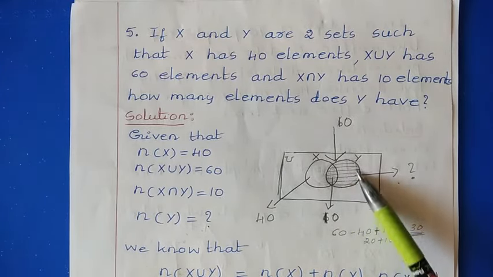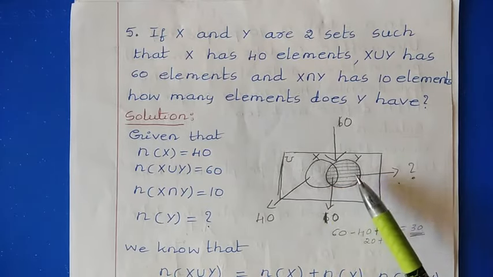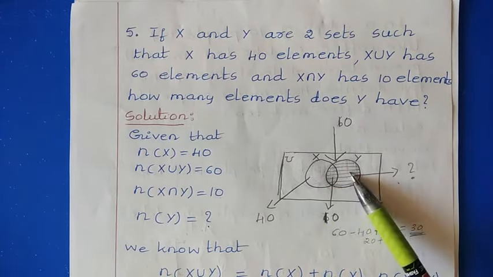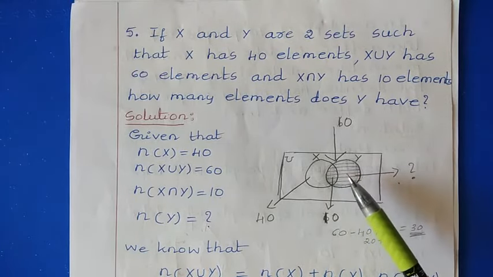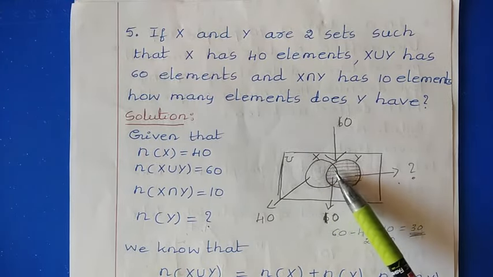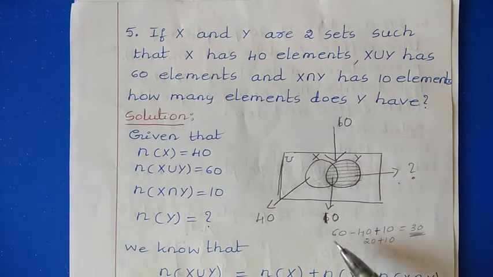See here, n of Y is nothing but the total number of elements in the X set as well as Y set, which is X union Y, 60, minus, to find this area, you have to deduct the n of X, the total number of elements in the X set. So if I subtract the total number of elements of the X set, then I get 60 minus 40, 20.